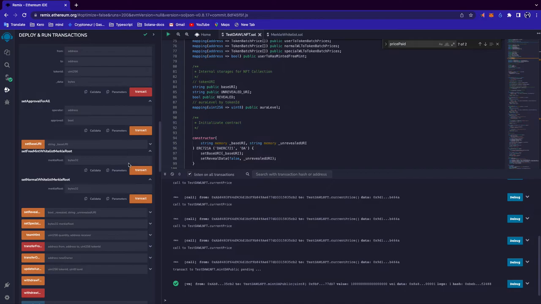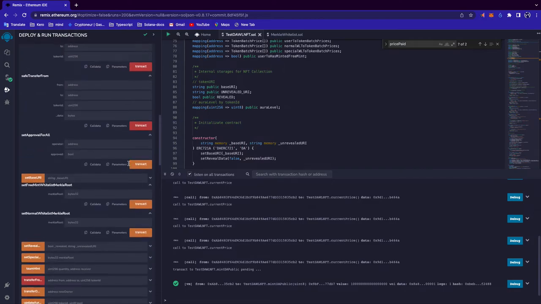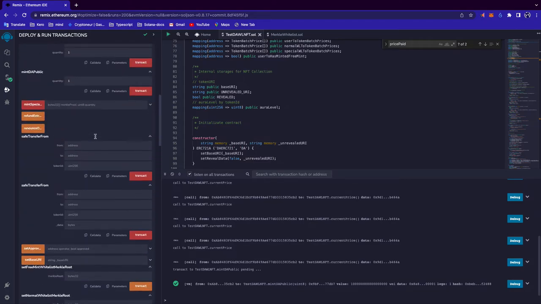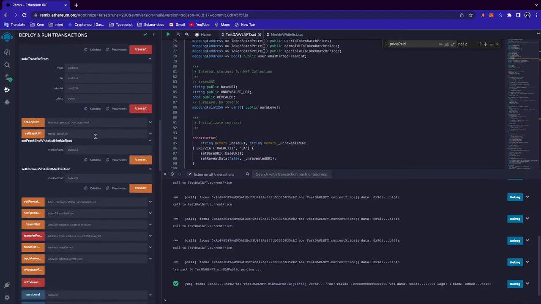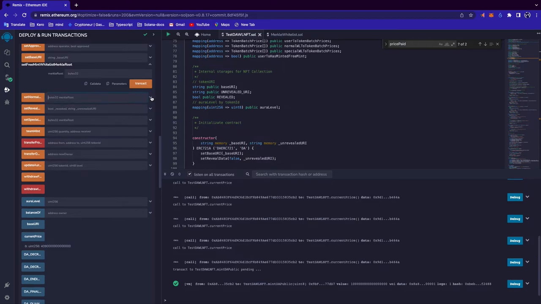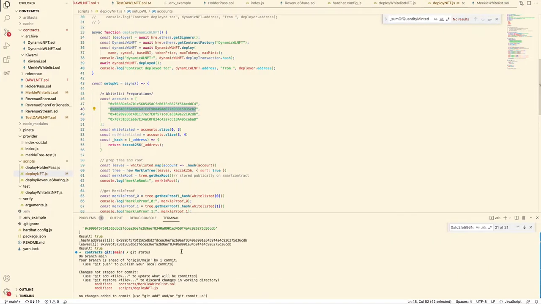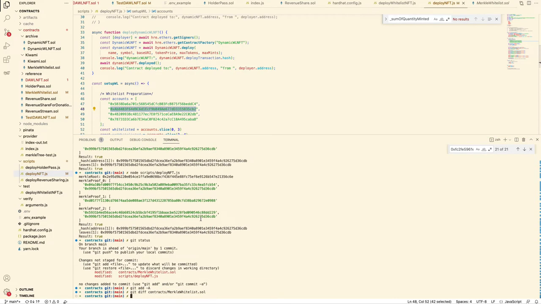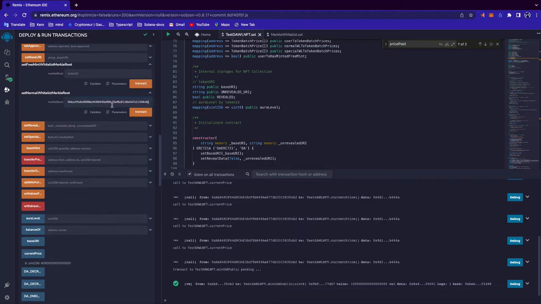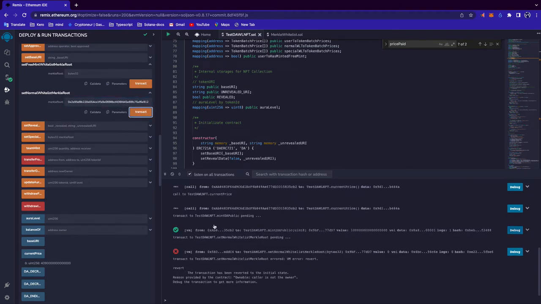Where do I have it? Yes, set normal whitelist Merkle root. So here I will input the Merkle root, which is already calculated previously.